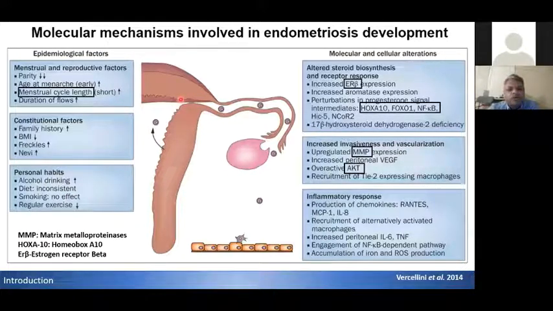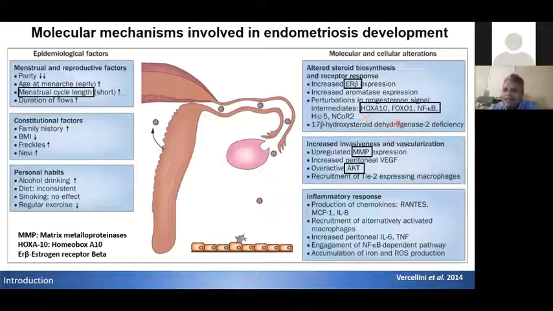Okay, regarding the molecular mechanisms involved in endometriosis, several theories have been proposed, and the important ones I have boxed in these rectangular boxes, like short menstrual cycle length, or estrogen receptor beta expression being regulated in endometriosis patients.